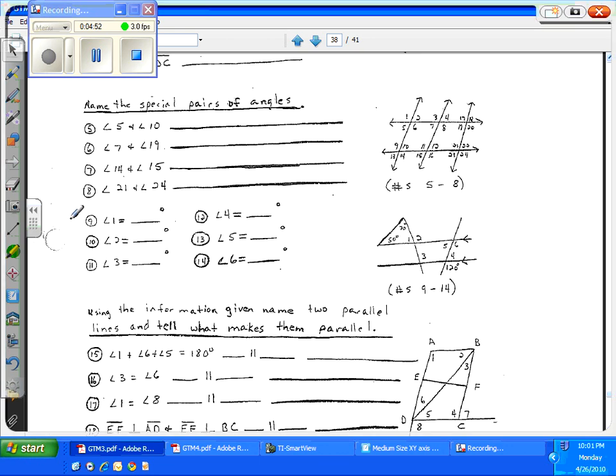So angle 5 and angle 10, number 5. We're going to find the vertex of angle 5, and then draw the rays that contain the sides and quit drawing when we get to another point.